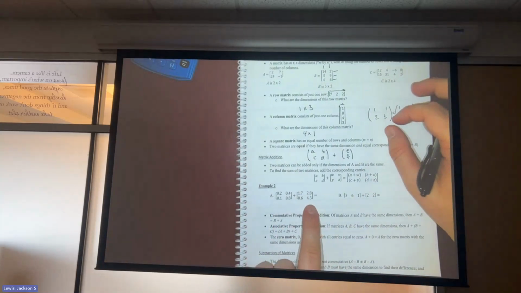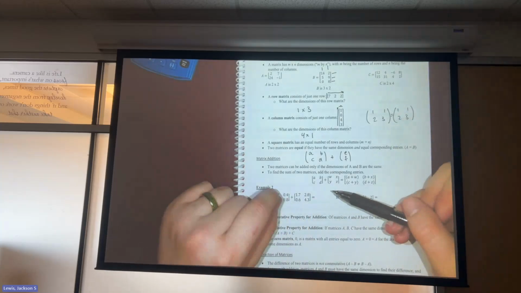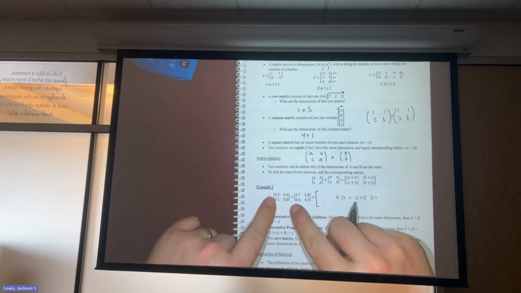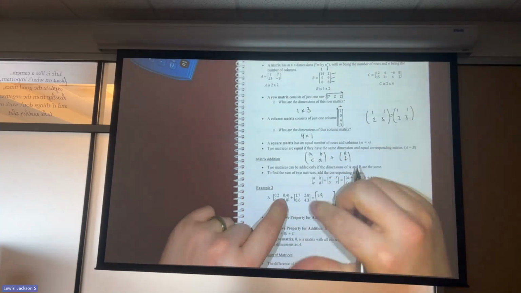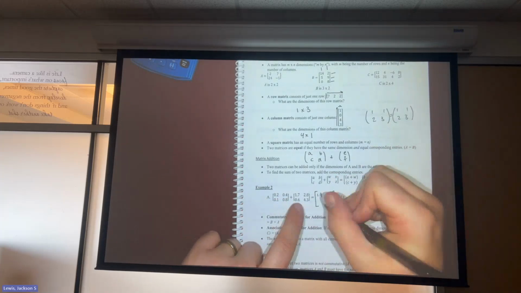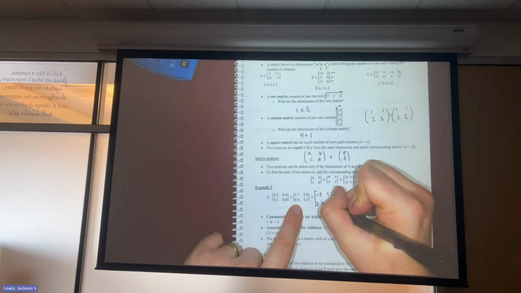For instance, here, I have two square matrices, and I just add the components individually. So I add the top left components together, 0.2 and 1.7 is 1.9. Top right, 0.4 and 2.8 is 3.2. Bottom left, 0.1 and 0.6 is 0.7.